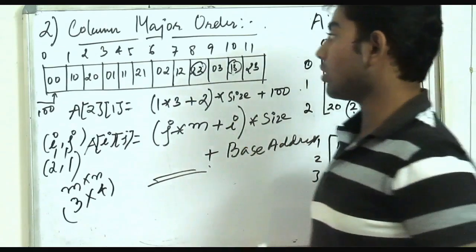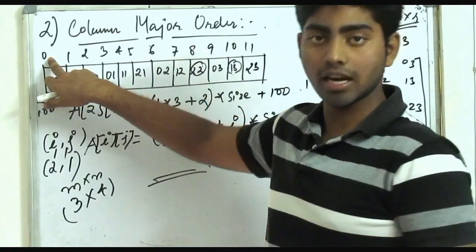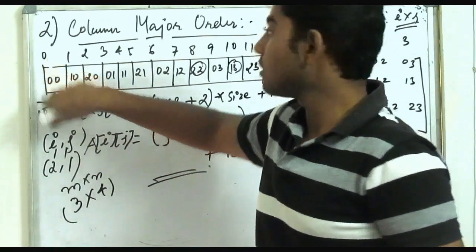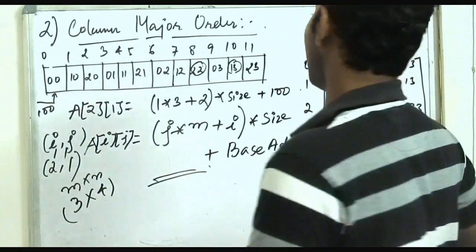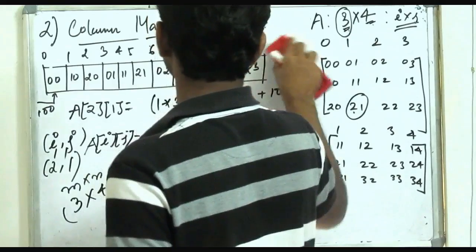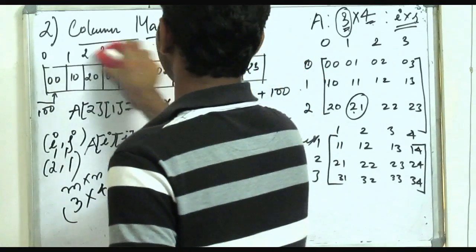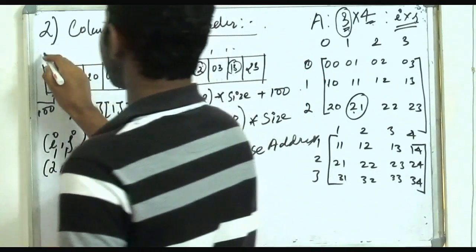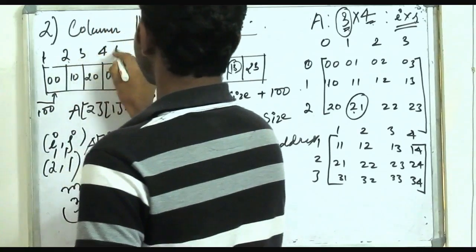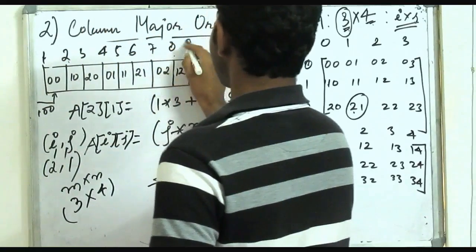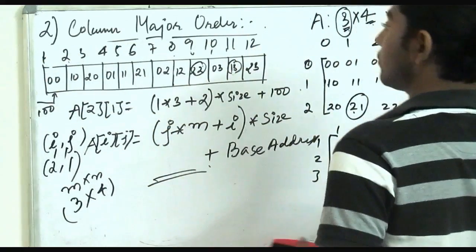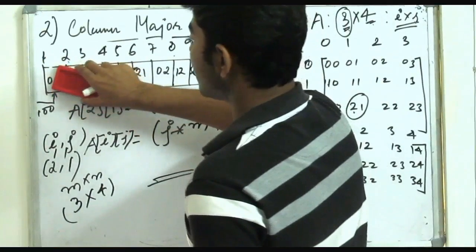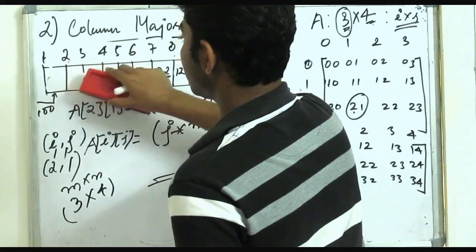The next important thing is that I am starting from array index 0. What if I start from array index 1? Let me write what the changes will be if I start my array indexing from 1. So the indexes will be 1 2 3 4 5 6 7 8 9 10 11 12, and the elements will also change.